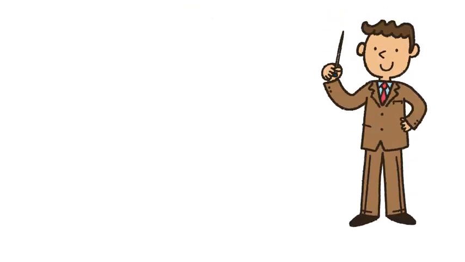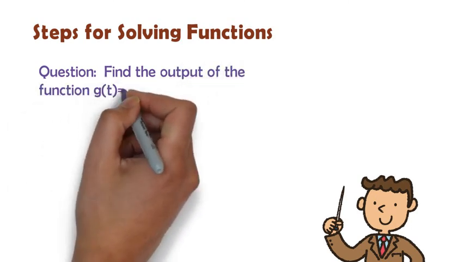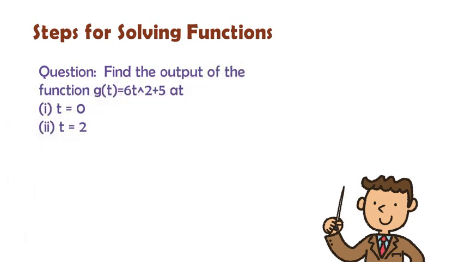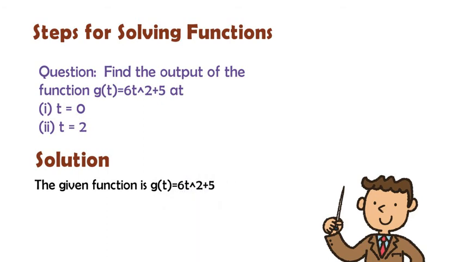Steps for solving functions. Let's take a look at this question. Find the output of a function g of t, which is equal to 6t squared plus 5, at t equal to 0 and at t equal to 2. Now, how do we solve? The given function is g of t equals 6t squared plus 5.